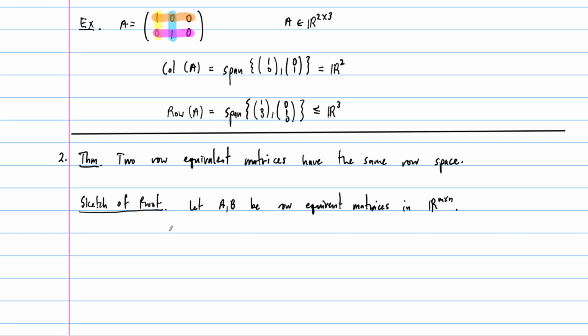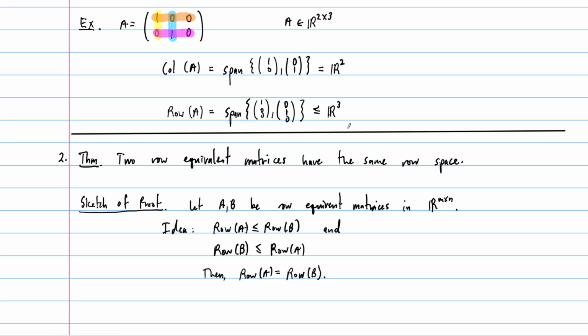Well, so the idea here is to show, and we're not going to do the whole thing, that's why I wrote sketch here, but the idea is to show that the row space of A is a subspace of the row space of B, and similarly that the row space of B is a subspace of the row space of A. Remember, this less than or equal to symbol means not just a subset but a subspace. And so if these are subspaces of each other, then we conclude that they must be equal to each other. Because if 2 vector spaces are subspaces of each other, they have to be the same vector space.